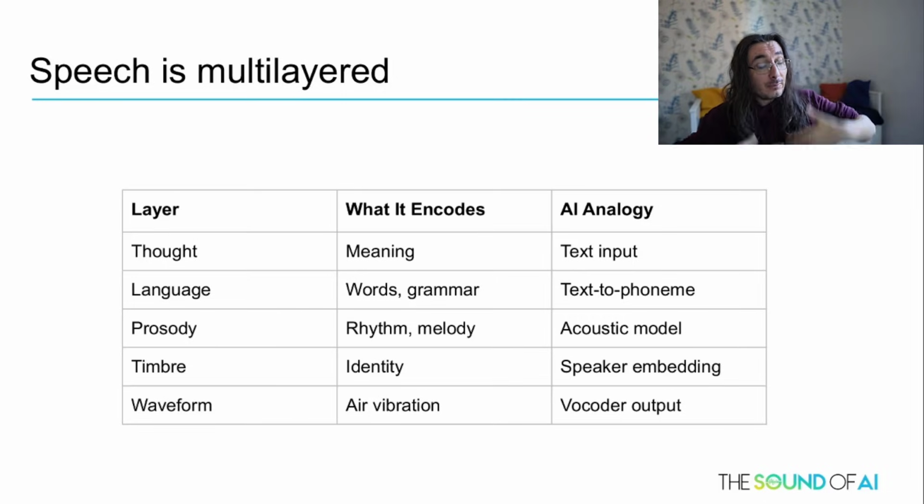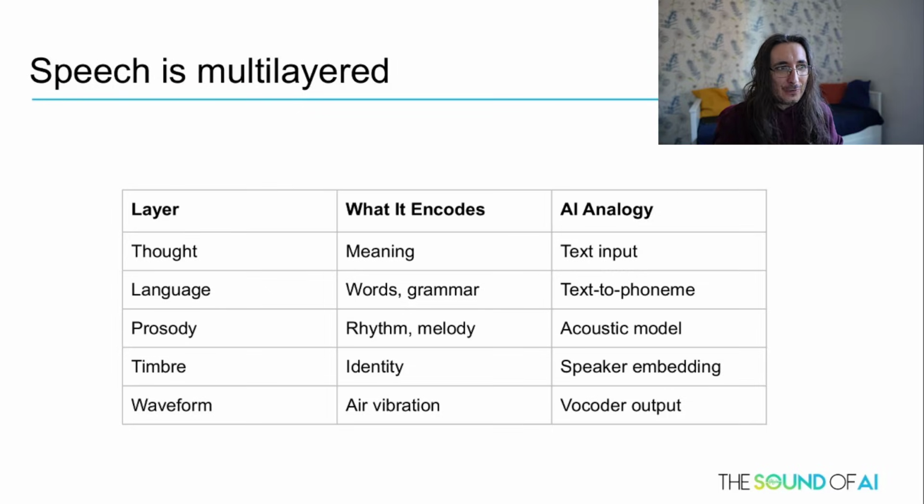And then we have the level of timbre, especially in voice cloning, when we try to have a machine sounding like me or you, for example. That timbre encodes who we are with our voices, our identity. And in AI, what we have to work with is a speaker embedding. We try to embed the uniqueness of a speaker in some form. And then we have the waveform, right?